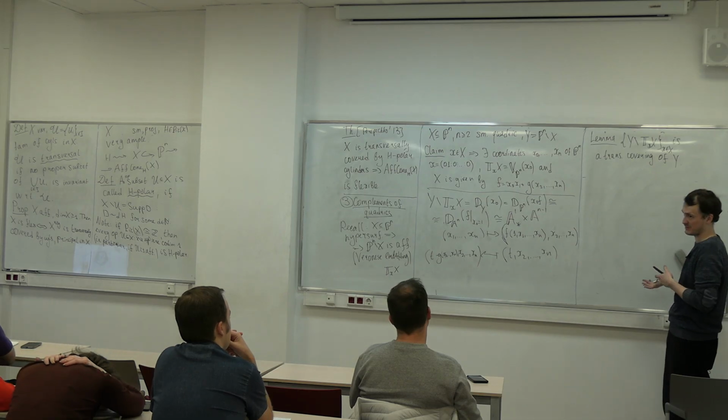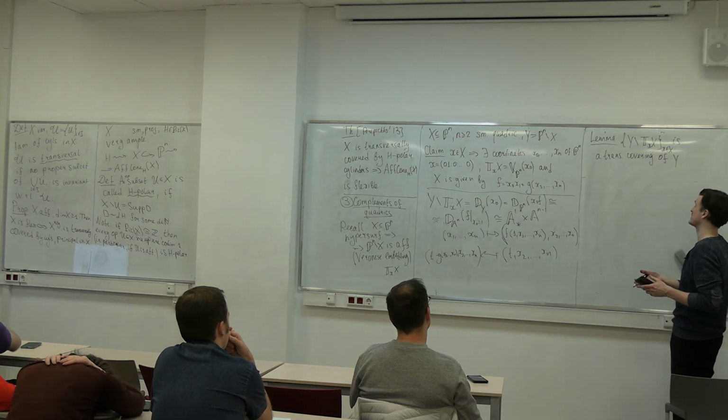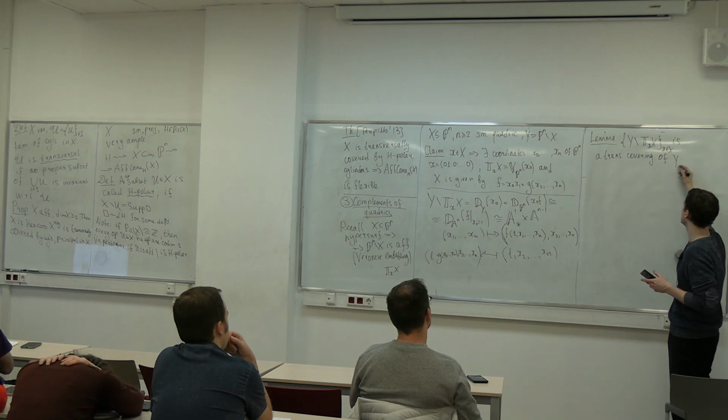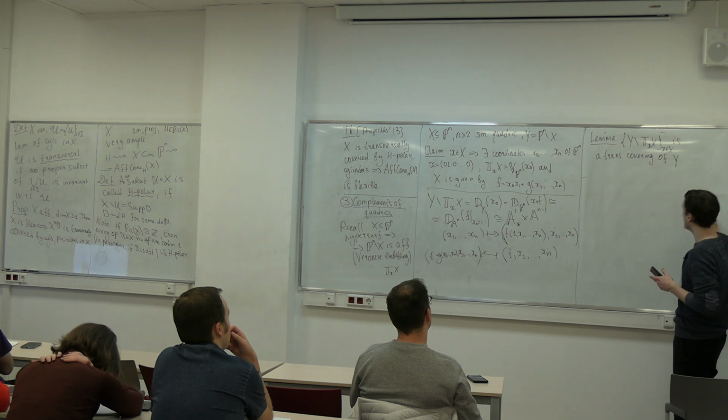So those are principal cylinders, and they transversally cover this affine variety. So in particular, we obtain that y is flexible. But we do not formulate yet this result because we want to prove something more general.